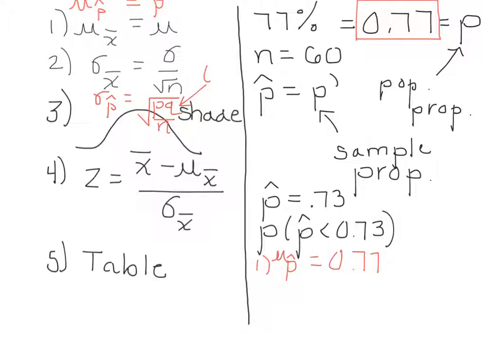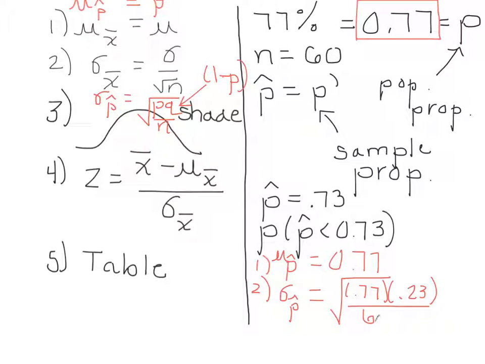Q is just 1 minus P. So in our case here, we'll find the standard error of our sampling distribution for sample proportions to be equal to the square root of P, which is 0.77, times 1 minus P, well 1 minus 0.77 is 0.23, divided by the size of our sample, in this case 60.